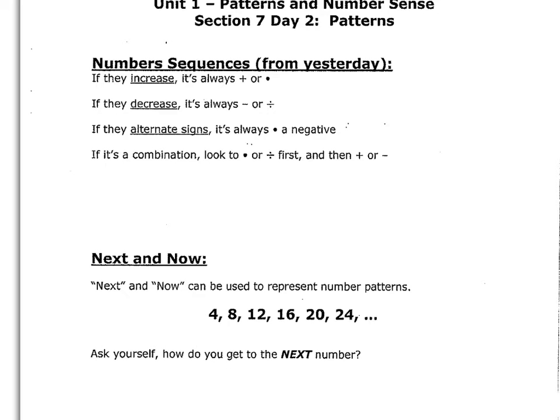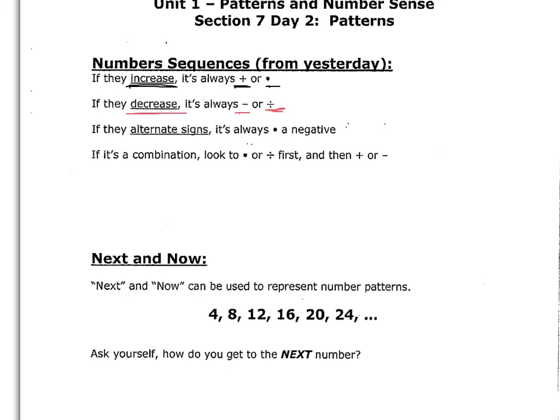So what you learned yesterday, remember that if you have a sequence of numbers, if they increase, you're always going to have addition or multiplication as your operators to find the pattern. If they decrease, you're going to have subtraction or division.